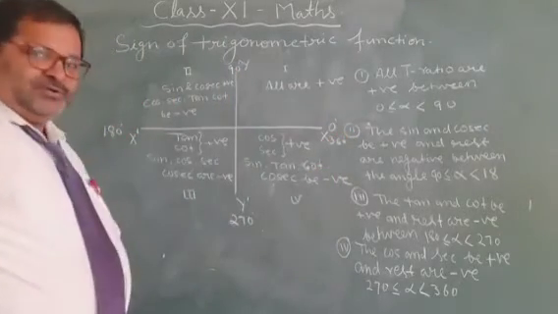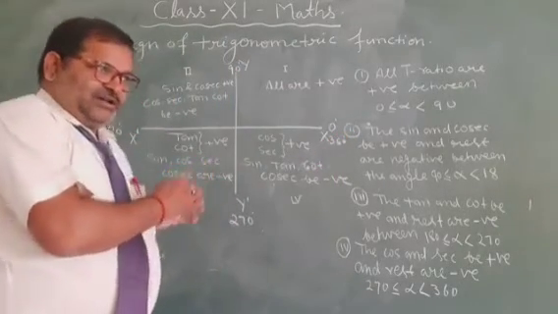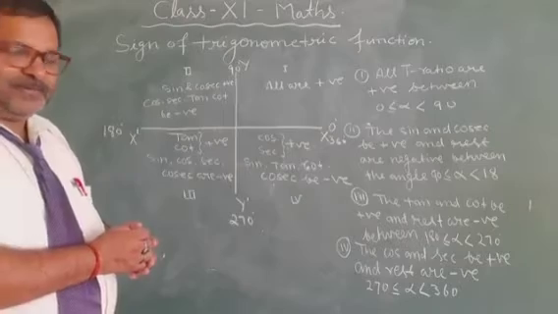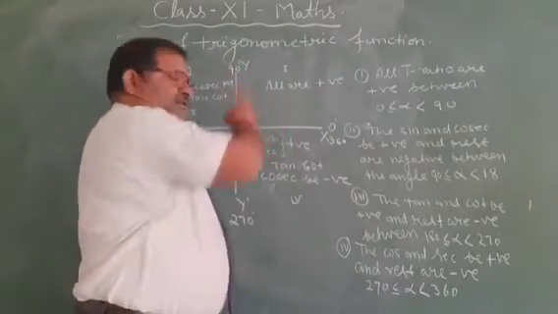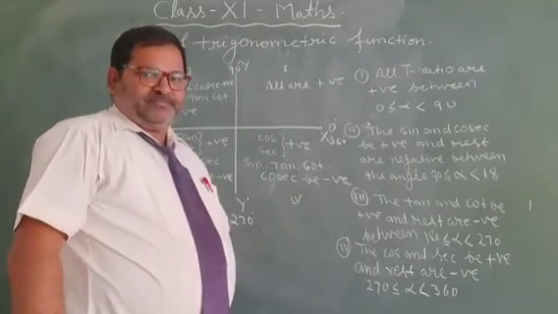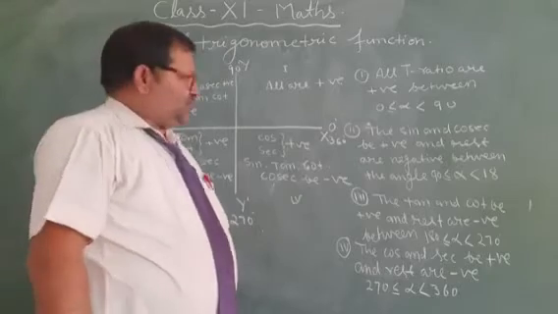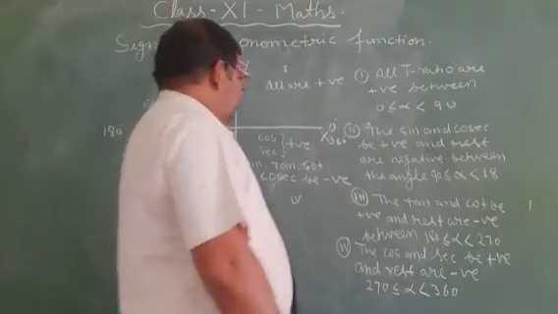So all the trigonometric ratio between 0 to 90 be positive.